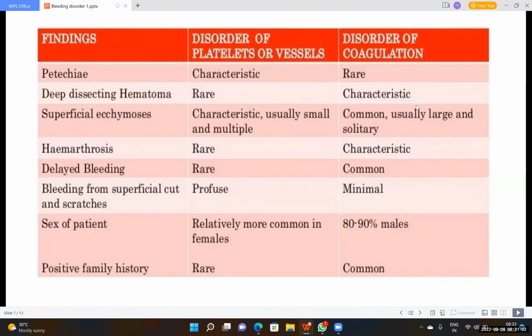Hemarthrosis is again rare in platelet disorders, but a characteristic feature of coagulation disorders. There will be delayed bleeding in coagulation. Platelet disorder causes profuse bleeding even from superficial cuts and scratches. Platelet disorders are more common in females, and coagulation disorders are more common in males, with a positive family history.